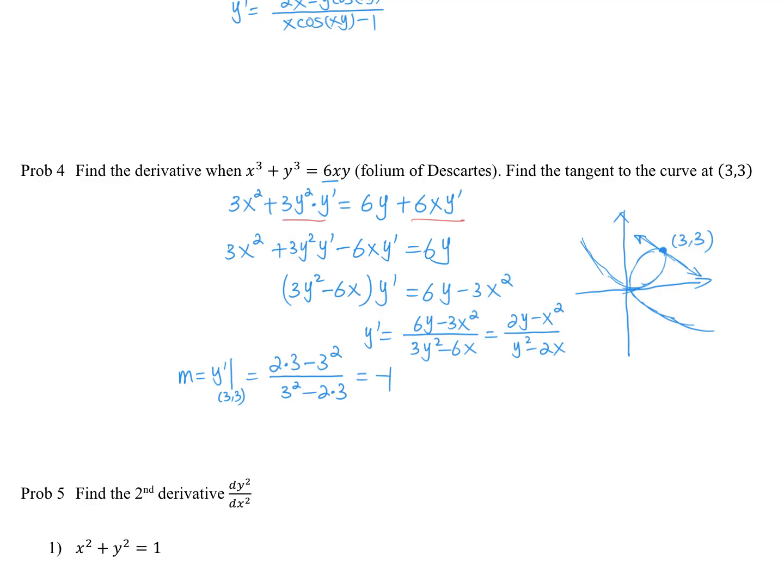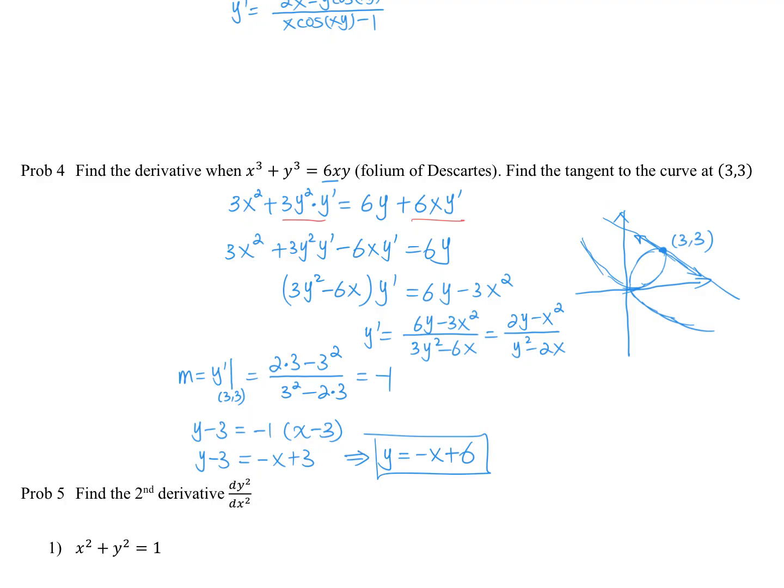So therefore, this is -1. And finally, the equation will be y minus 3 equals -1 times (x minus 3). So therefore, y minus 3 equals -x plus 3. And the equation is y equals -x plus 6. And it should make sense, right? It matches what we see here.